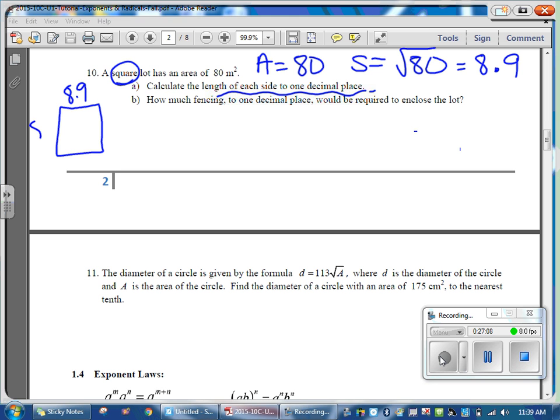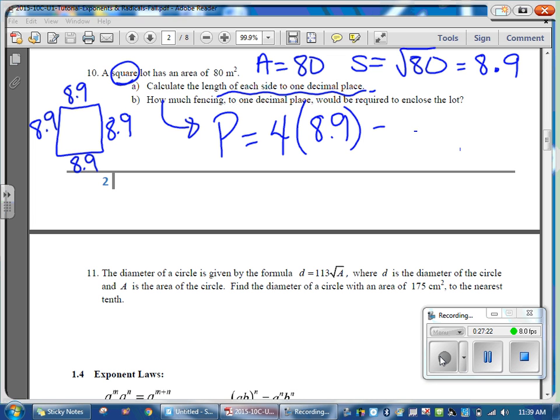So you're going to take 4 sides that are identical and times it by the side length, 8.9. And that's going to give us 35.8. And again, we use our units, meters, and it's perimeter, so it's not meters squared.